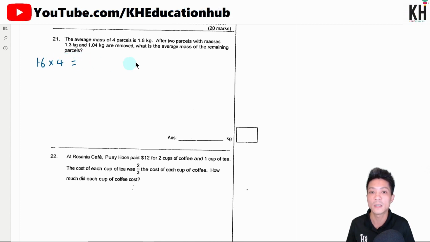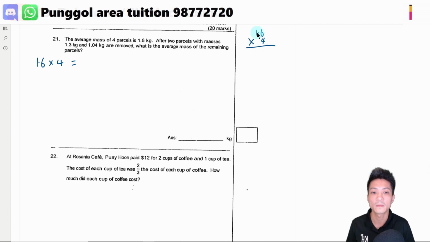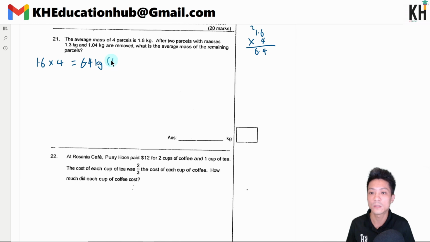We're gonna find the total. 1.6 times 4 will give me 6.4 kg. This one is the total of the 4 parcels.